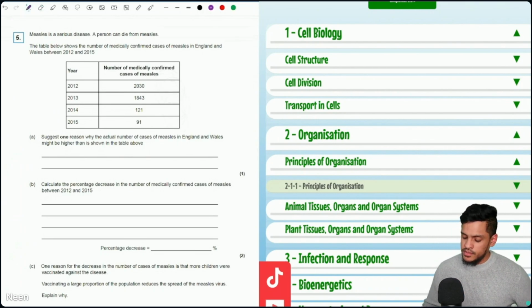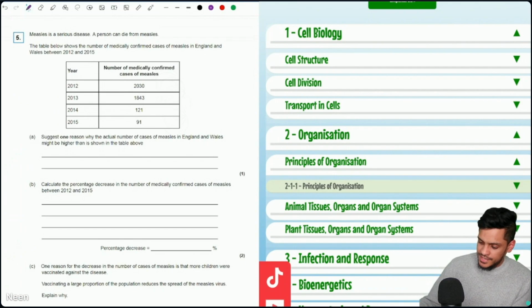Same with COVID actually, we got given the number of COVID cases every year. Why are they likely to be higher than the ones they told us in the news? Yep, thank you, Tina. Because of unreported cases.